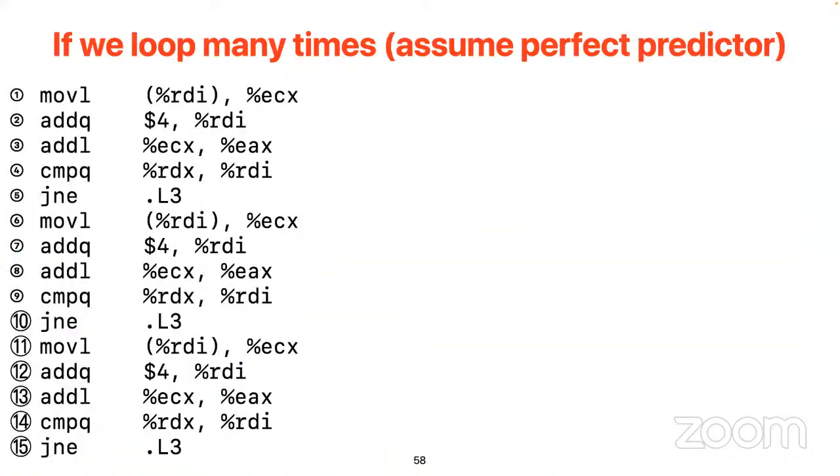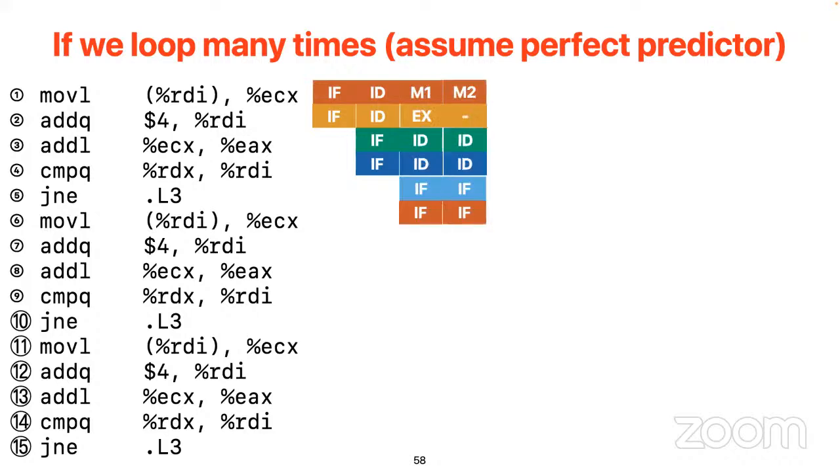So for this particular piece of code, right, if you can fetch and decode 2 instructions, ideally we want every cycle to have 2 instructions into execution. However, there's still a problem here. For example, instruction 3 has a data dependency with the first instruction. So even with data forwarding, we have to wait here.